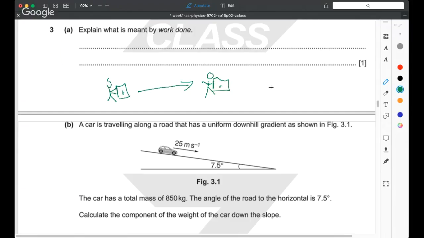You can also push it. You make a displacement, but you also need to apply a force. So work done is force times displacement.